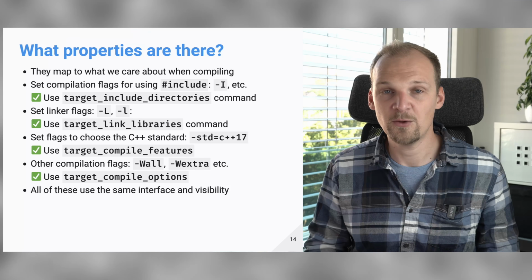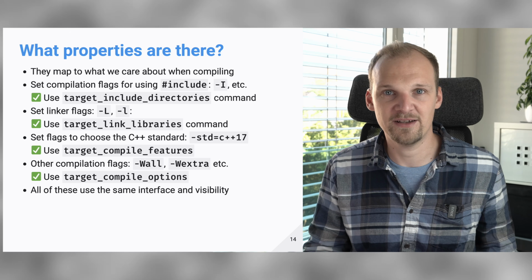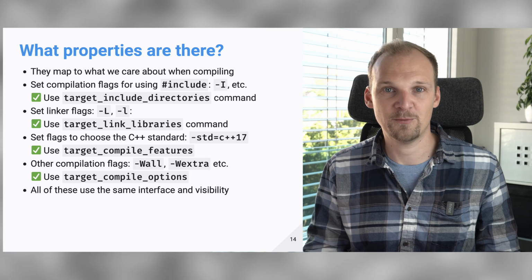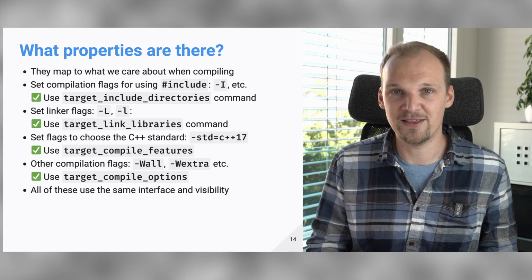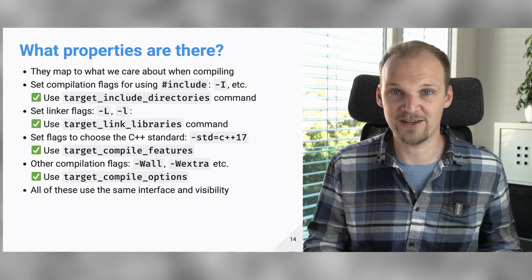Now, let's talk a little bit more about these properties. What properties are there? Well, they kind of map to the things that we care about when we do the compilation. We can set the compilation flags for the includes, something like the -I flag, and we do that with target include directories. We can actually set the linking flags, the capital -L and small -l ones, with the target link libraries.